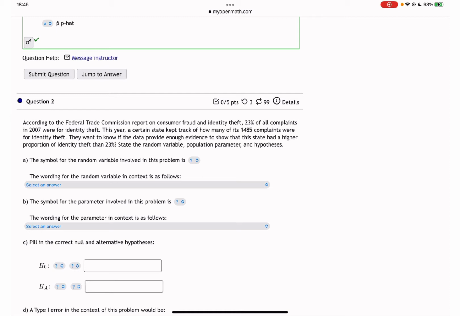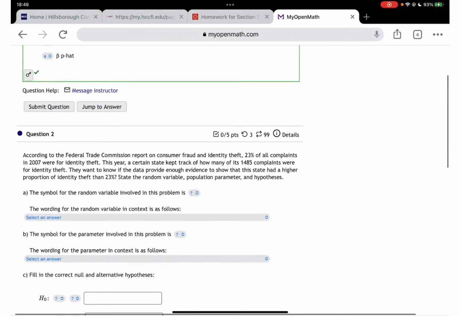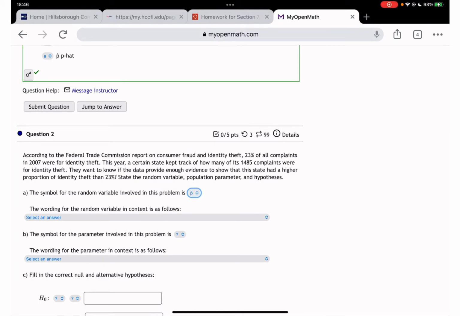They want to know if the data provide enough evidence to show that this state had a higher proportion of identity theft than 23%. State the random variable, population parameter, and hypothesis. Okay, the symbol for the random variable involved in this problem is sample proportion. This is a p hat, because we are talking about proportion of identity theft.